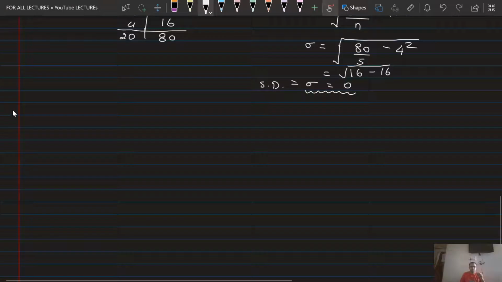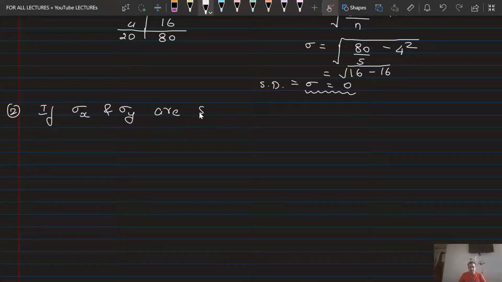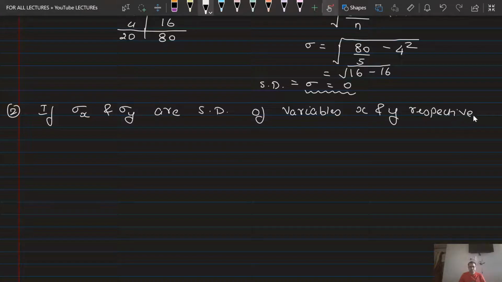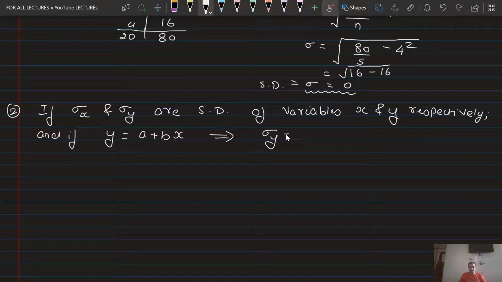Okay. Now the point number 2. If sigma x and sigma y are standard deviation of variables x and y respectively, and if y is equal to a plus bx, this implies sigma y is what?